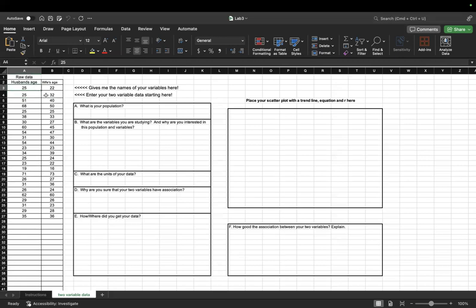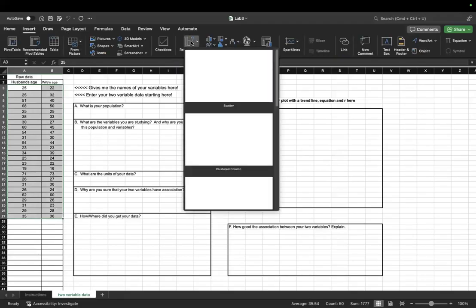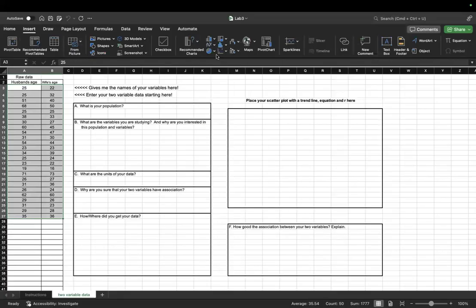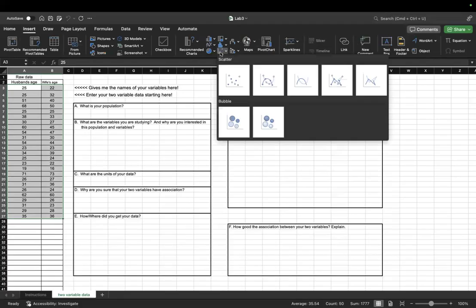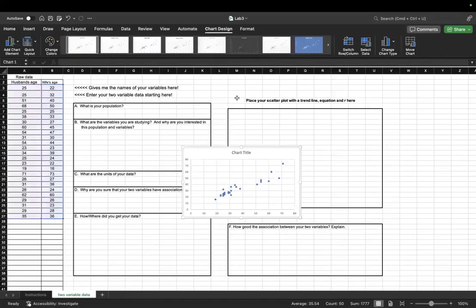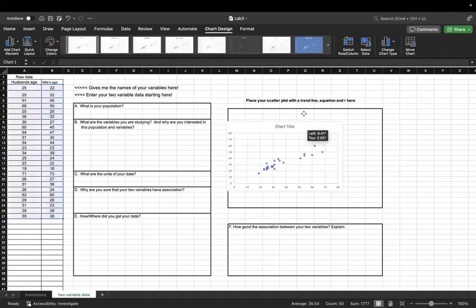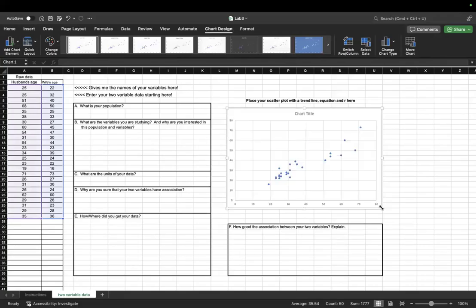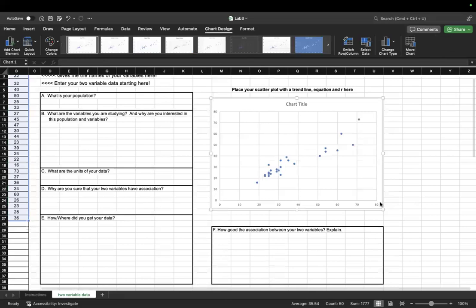I'm going to highlight these, and now I'm going to insert. If you go to recommended charts, it'll probably give you a scatter plot. If it doesn't, this one right down here gives you a scatter plot. You don't want crazy, weird things like this. Just choose a regular scatter plot. Here we go. I'm going to move it over here and make it bigger so you can see what's going on.